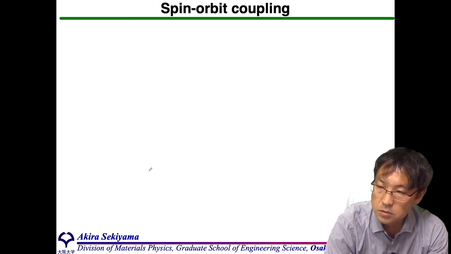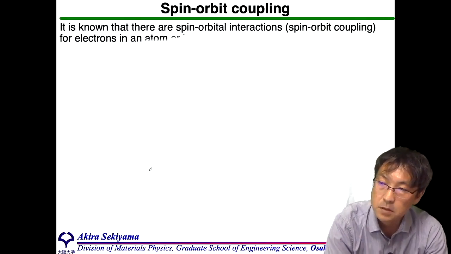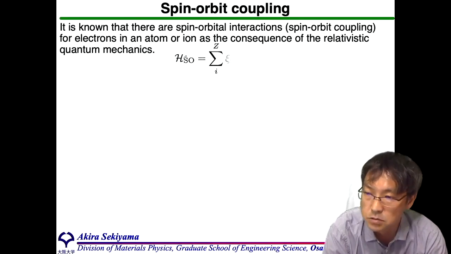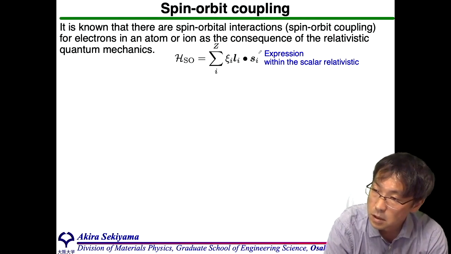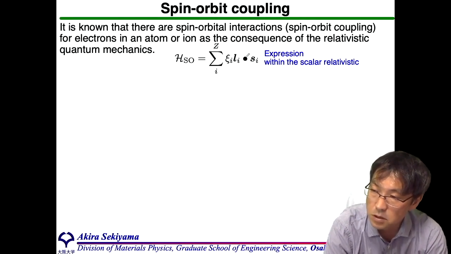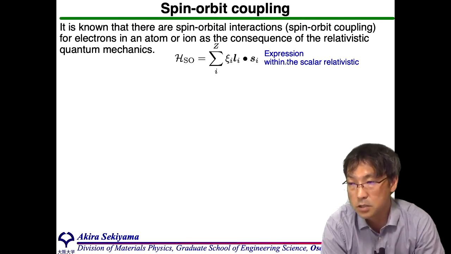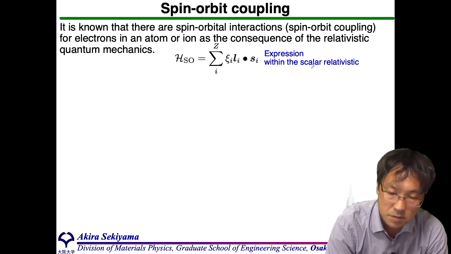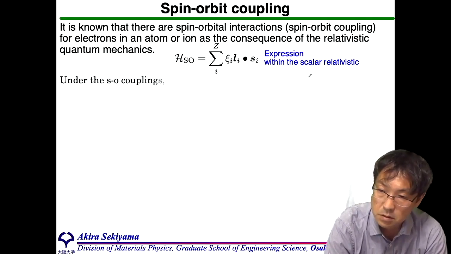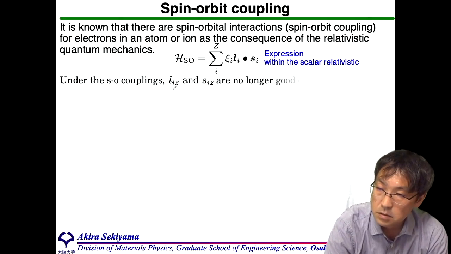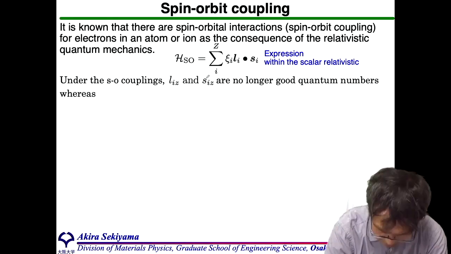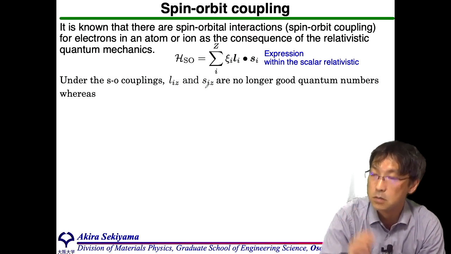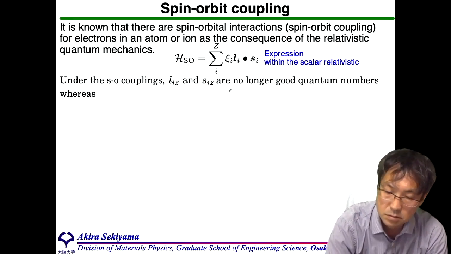I would like to show the effect of the spin-orbit interaction. And this is also a single-site effect. So this is the Hamiltonian of the spin-orbit interaction within the scalar relativistic formulation. In this case, the quantum number L and spin quantum number S are no longer good quantum numbers.